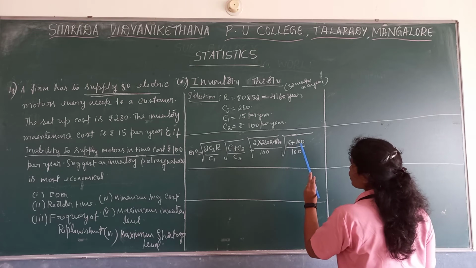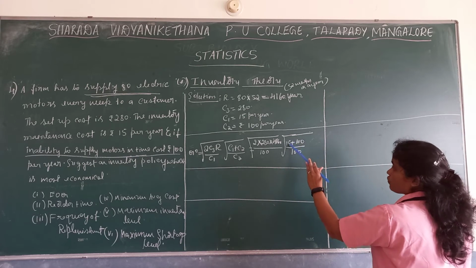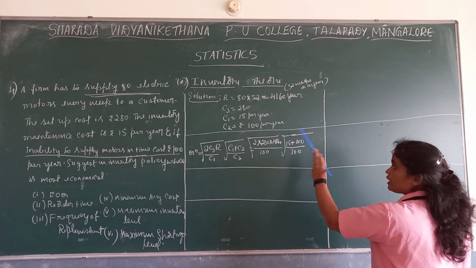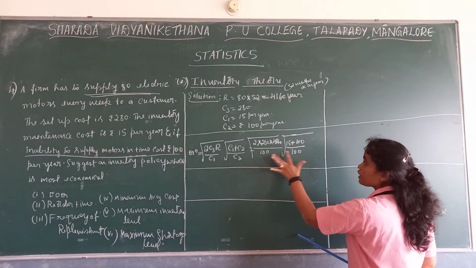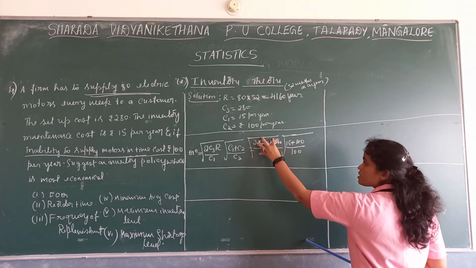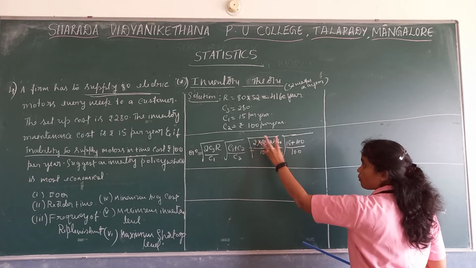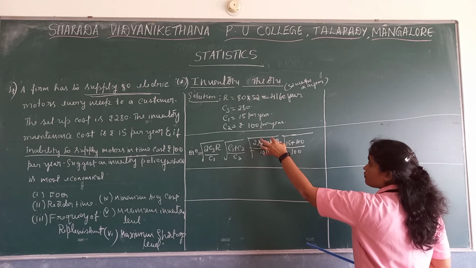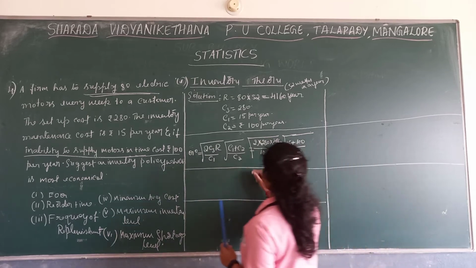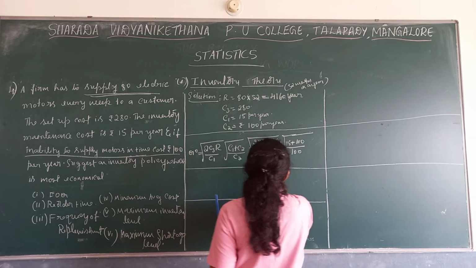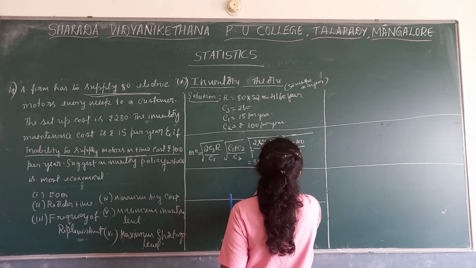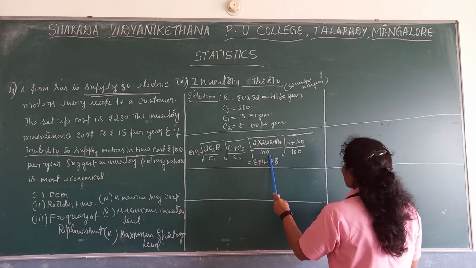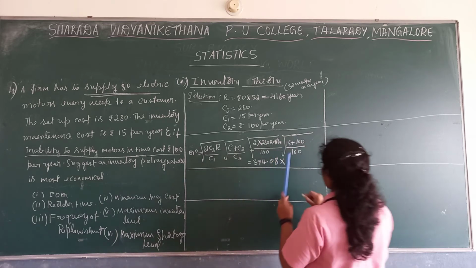And here also 15 plus 100 divided by 100, take the root. Then after taking the root, you have to multiply the answers of this formula and this formula. When we solve this, we get 394.08. This answer we have to multiply with the other answer.